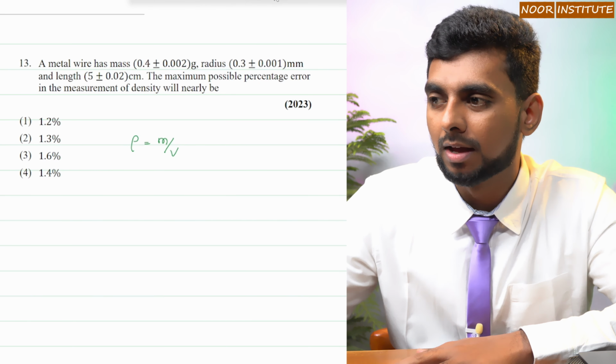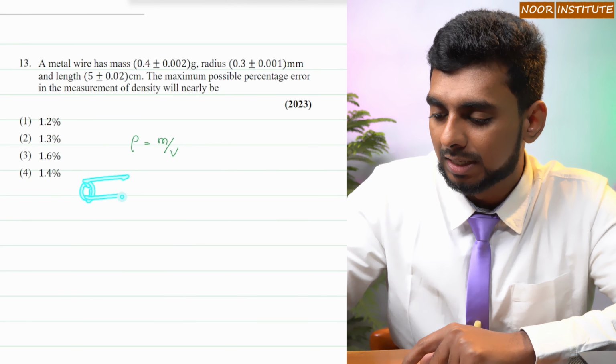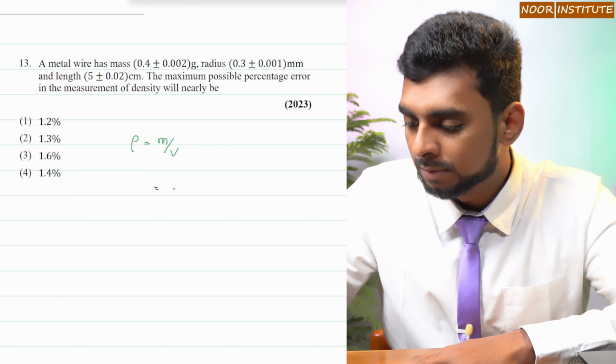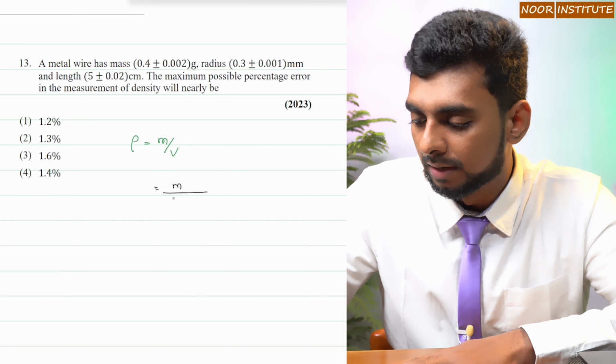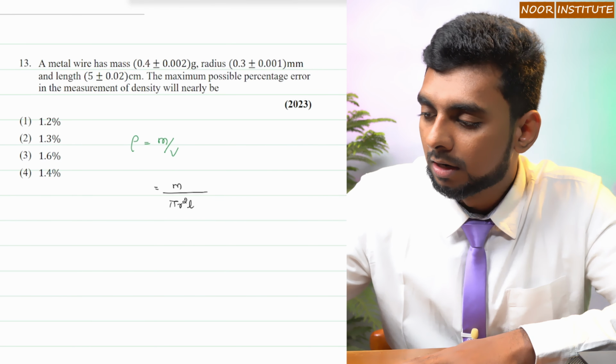Let's consider the length to be L and the radius to be R. So cross-sectional area is pi R square, and the length is L. If I change this equation with respect to R and L, I'll have M divided by pi R square L.